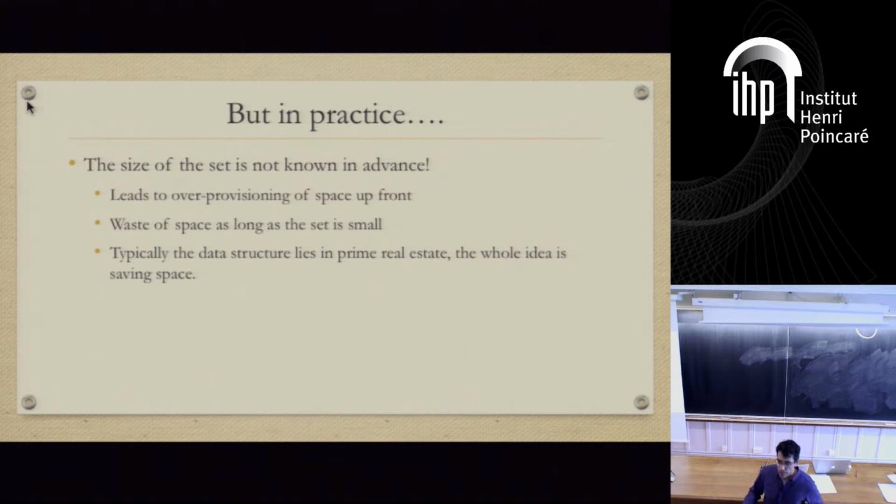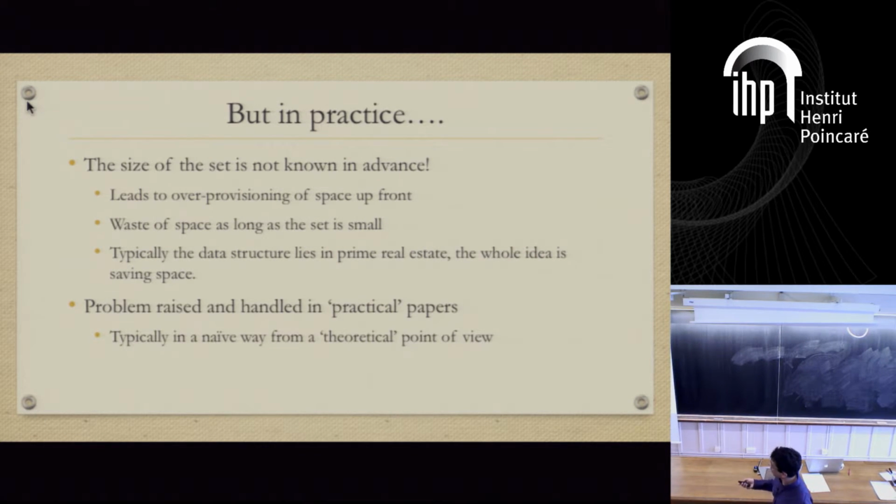And if we are conservative, then we have to grow. We have to, at some point, throw away the data structure and build a new one. It's not clear how to do that with approximate set membership. So this is the problem that we came to tackle. And we actually ran into some papers in other communities that suggested constructions to do that.